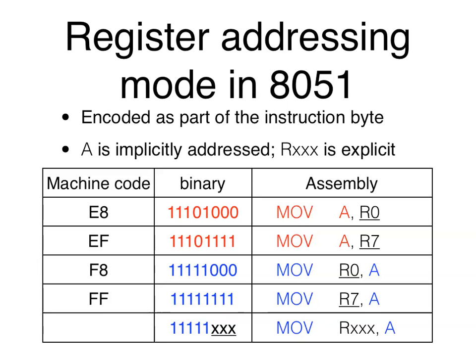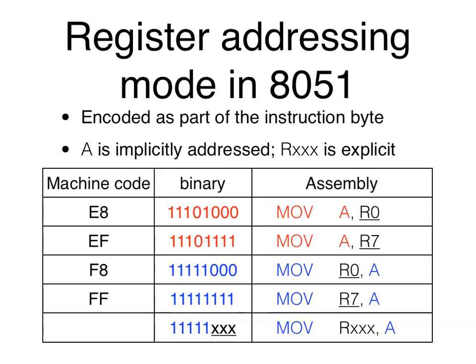Now, if you have move R0 comma A, that looks like 1111 1000. And then move R7 comma A looks like 1111 1111. Say, aha, I know how this works. So again, the move register comma A, that's the first 5 bits.